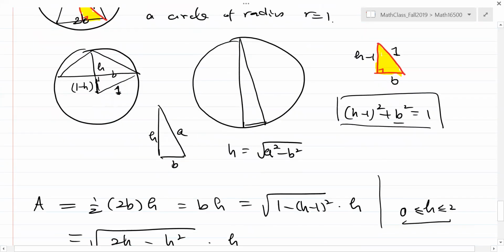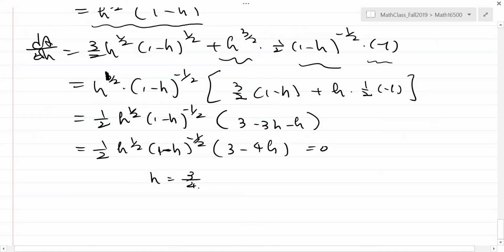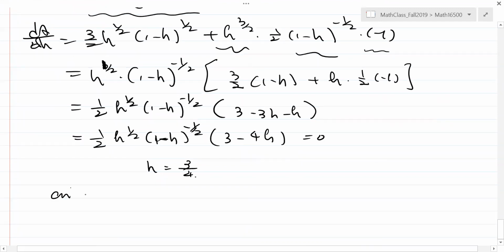So that means the function has critical numbers h equals 3/4 and 1. 1 is also critical because the function is not differentiable at that point.